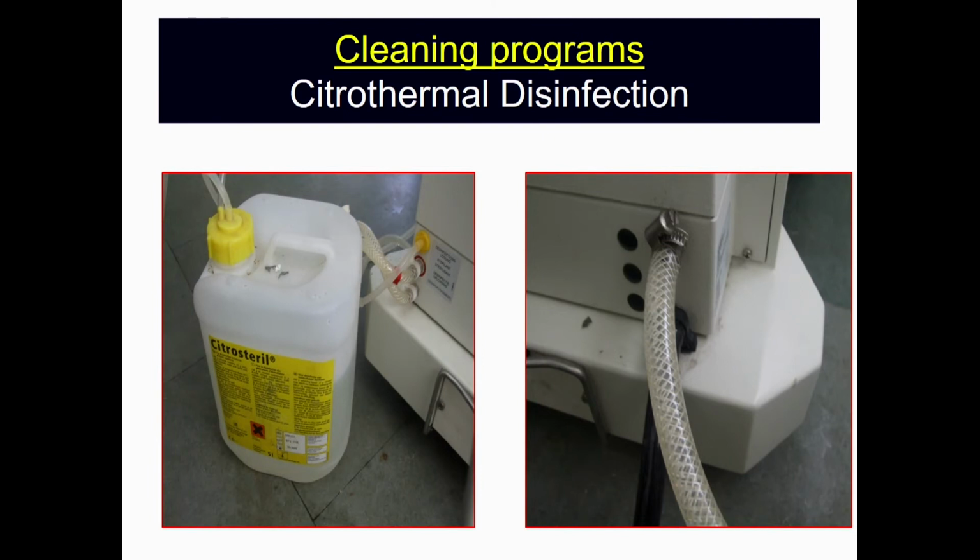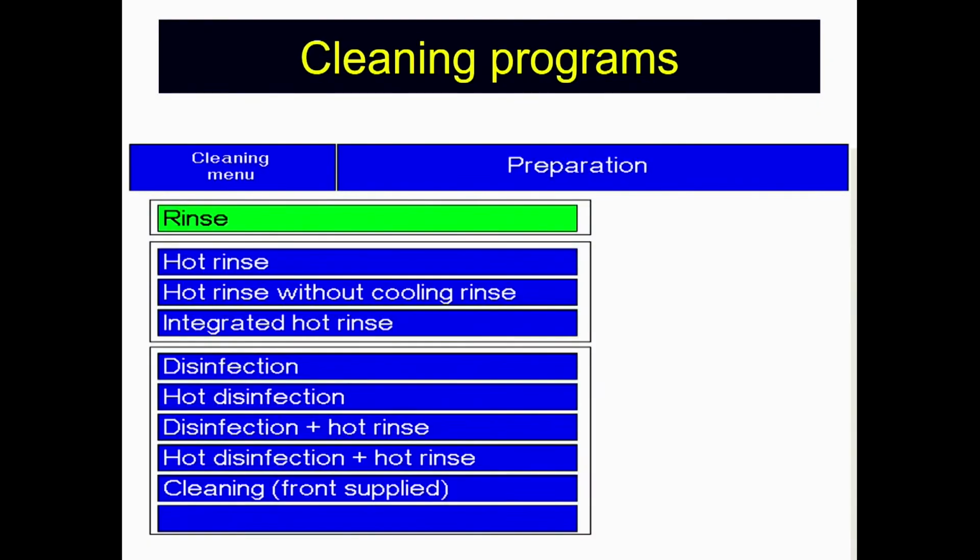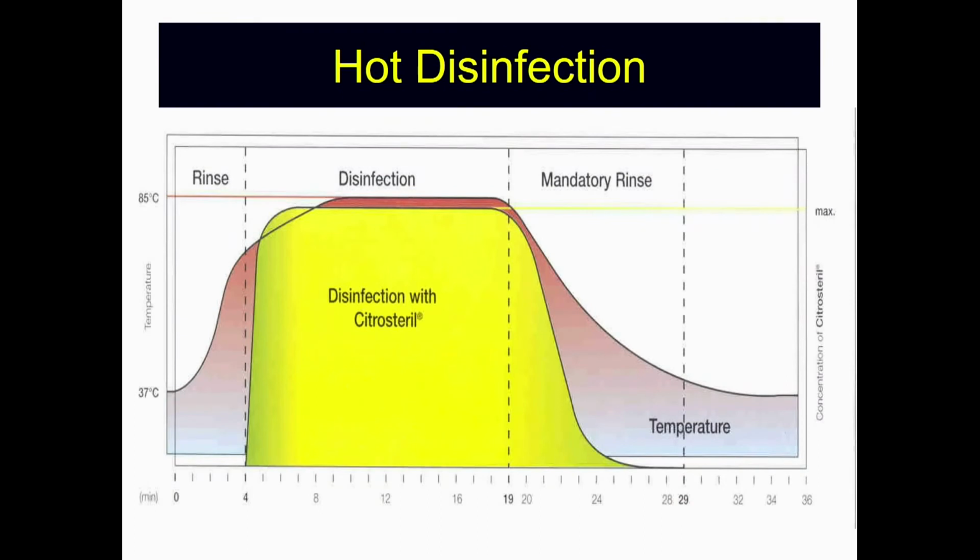Between 2 dialysis sessions, these days more of it was done between sessions, but otherwise at the end of the day, citrothermal disinfection. Between every session, the standard rinsing and surface cleaning is practiced. These cleaning programs are available in different menus. The hot rinse, so hot disinfection with citrosteril at the end of the day, is the commonly practiced method.